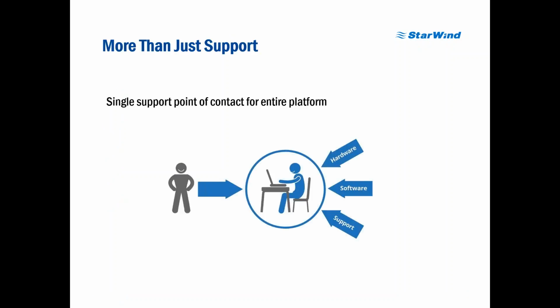Another big thing we have, which I would say is the most important part of this whole presentation, is that we have a single support point of contact for the entire platform. So let's say you have any issues with hardware, you call us. You have any issues with software like Veeam, Five9, StarWind, anything, you call us.